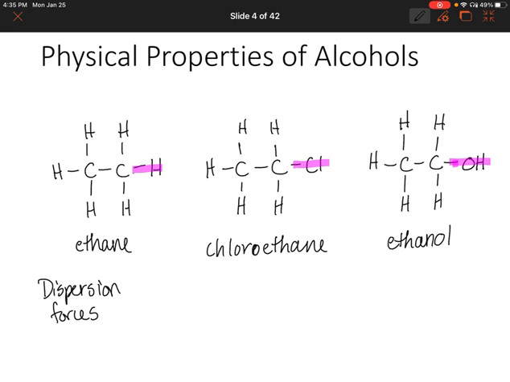Okay, what about chloroethane? What would hold chloroethane molecules together in a beaker? Would it be dispersion forces, dipole-dipole interactions, or hydrogen bonding? So is this molecule polar or non-polar? It's polar, right? Because chlorine is electronegative. So that would mean that chloroethane molecules would be held together by dipole-dipole interactions.